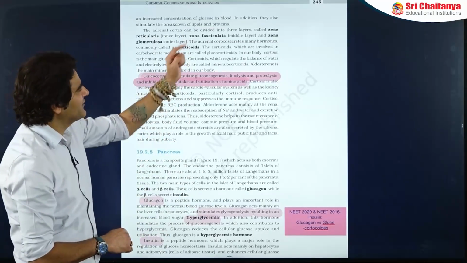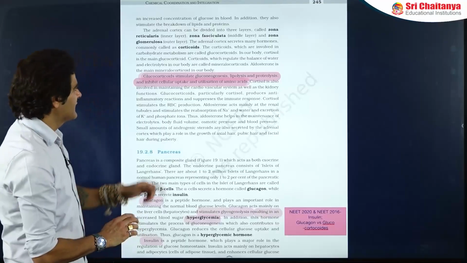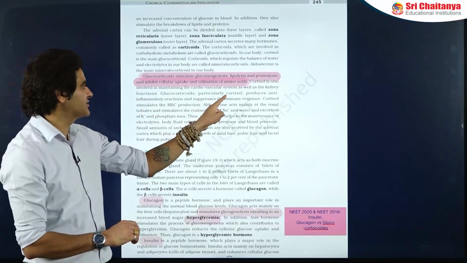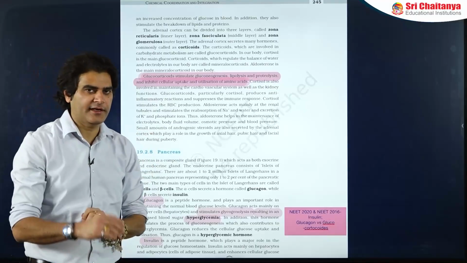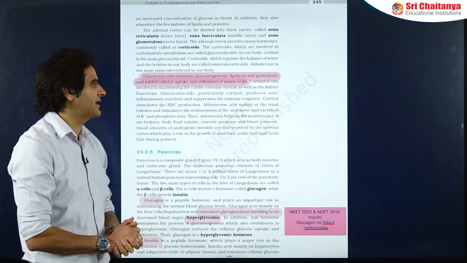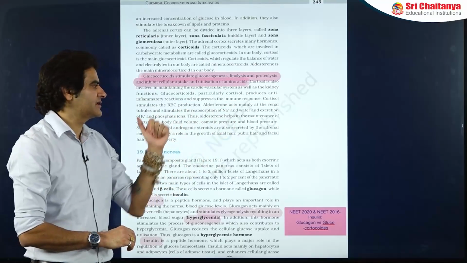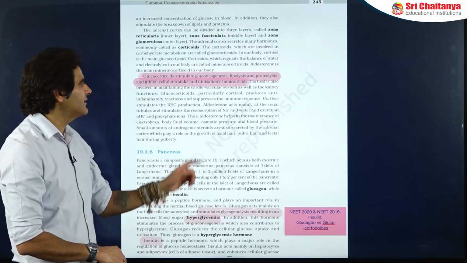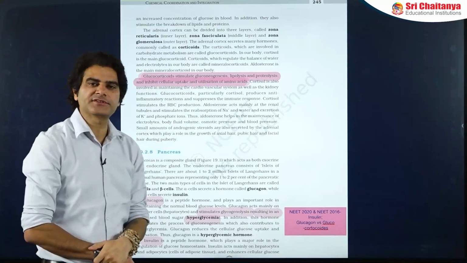The middle layer, zona fasciculata, produces cortisol, which is a glucocorticoid. The glucocorticoids, particularly cortisol, prevent inflammation and hence have an immunosuppressant action on the body. Along with that, as I told you earlier, cortisol stimulates RBC production, and the glucocorticoids also stimulate gluconeogenesis.